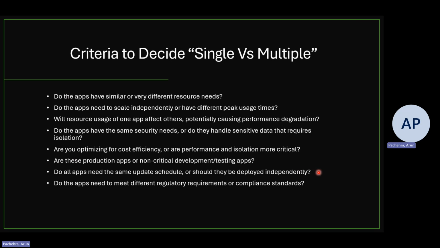For example, if you have multiple apps that will be updated or deployed together, a single plan simplifies coordination. Multiple plans are required if you need to manage deployments independently. For instance, if one app requires frequent updates or maintenance while others need stability, it's better to separate them to avoid downtime for all applications.